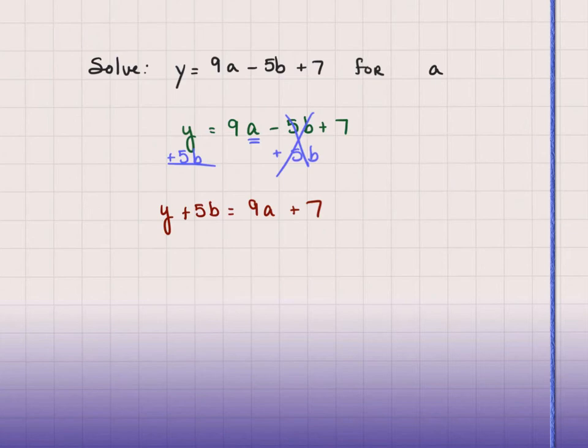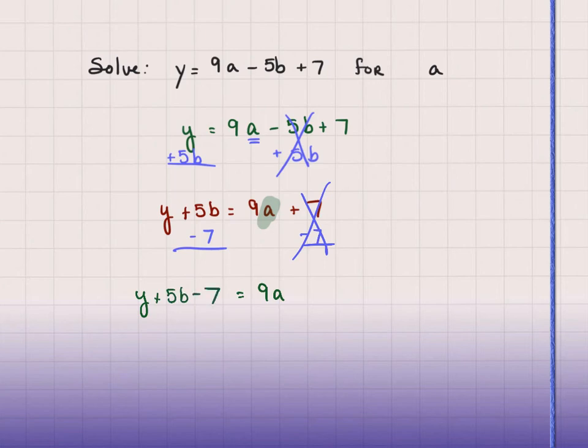Then, still looking at that a that I'm trying to get all by itself, I got to undo any addition or subtraction still, so I'm going to subtract that 7. Both sides. Those will cancel on the right, leaving me with 9a equals y plus 5b minus 7.